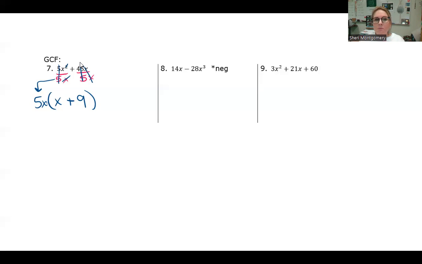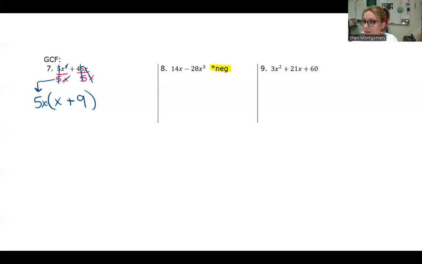The next one, I gave myself a little note. This isn't saying that you have to, I just want you to get practice. I wanted us to also factor out a negative because sometimes you have to do that and I want you to see what it looks like. But first we're going to look for the number parts. What's the biggest number that goes into both 14 and 28?